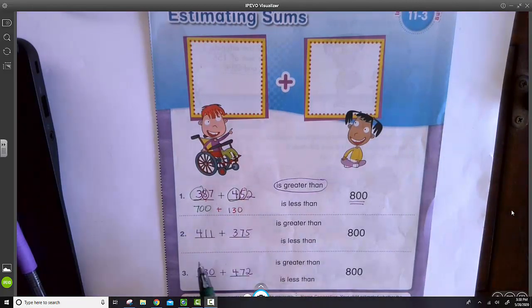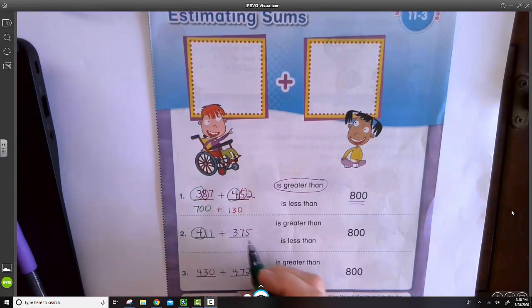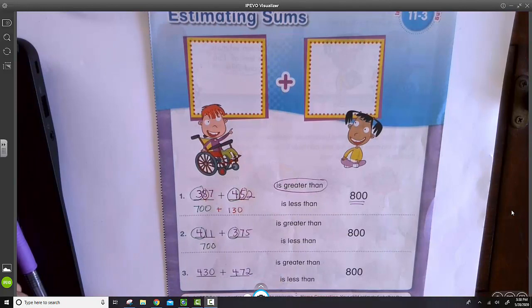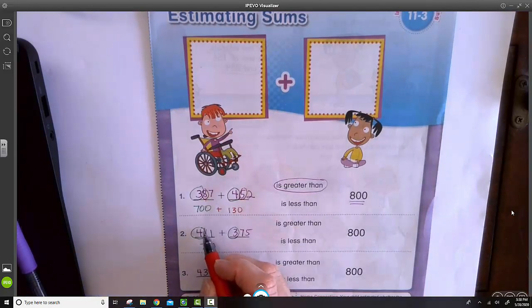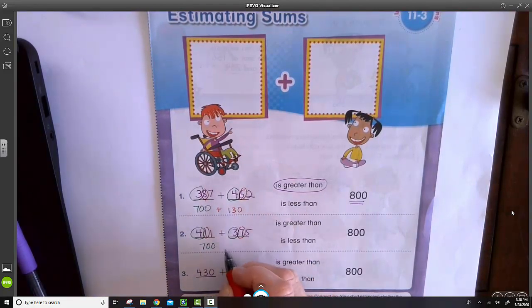Let's work with the same style. We have 400 and 300. That would be 700. And like before, our next job is to evaluate the tens column. We have 10 and 7 tens. 10 and 70 would be 80.